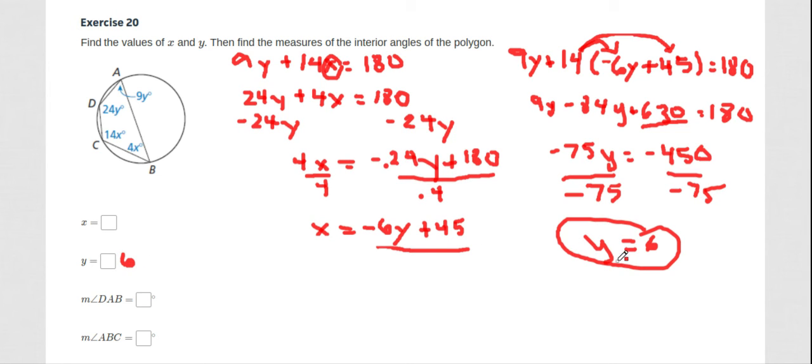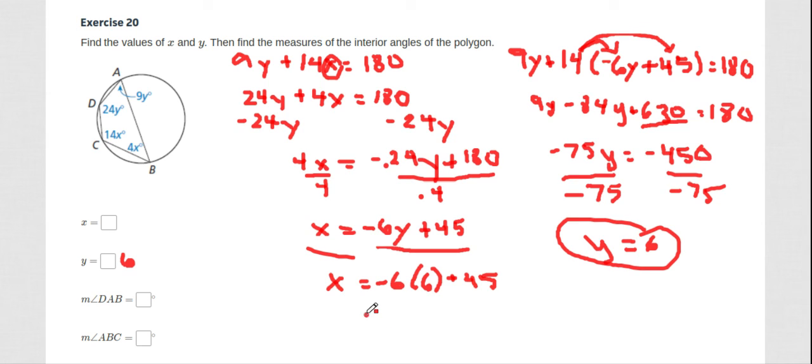And I could substitute 6 into the first equation that I wrote earlier, or the second equation, but what might be the easiest is to substitute y into this equation to find the value of x. x is equal to negative 6 times y, so that's negative 6 times 6 plus 45.